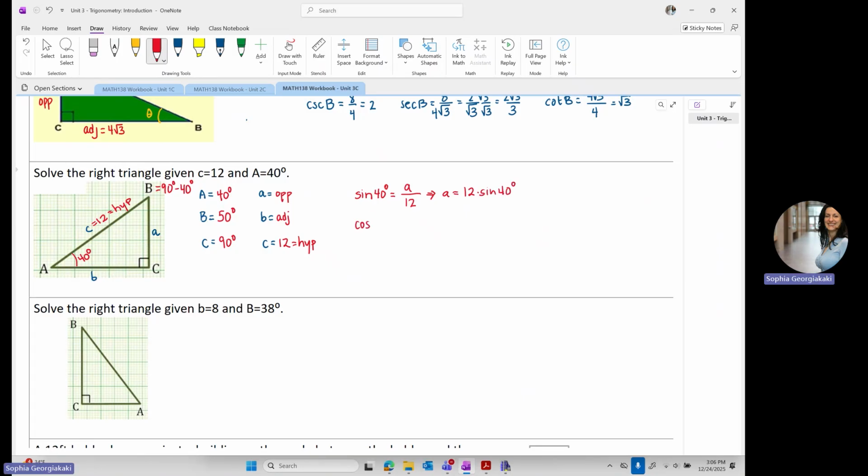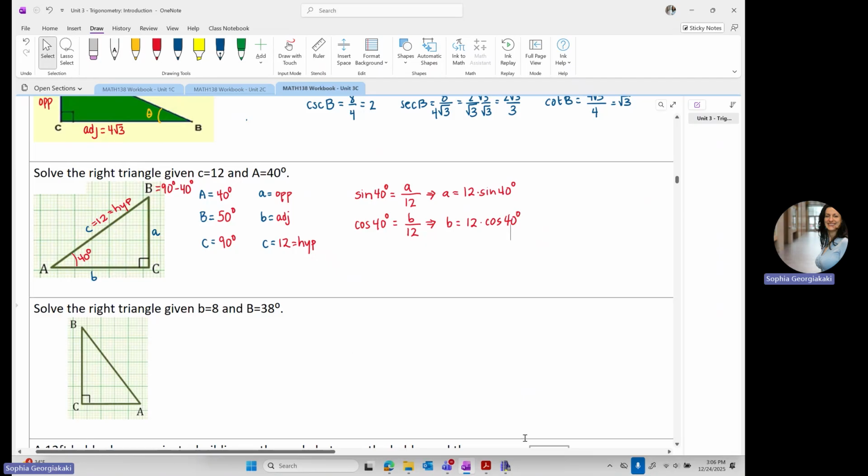The cosine of 40 degrees will be the adjacent, which is b, over the hypotenuse, 12. Multiplied by 12, b is 12 times the cosine of 40 degrees. So the exact answers are that little a is 12 times the sine of 40 degrees, and little b is 12 times the cosine of 40 degrees.